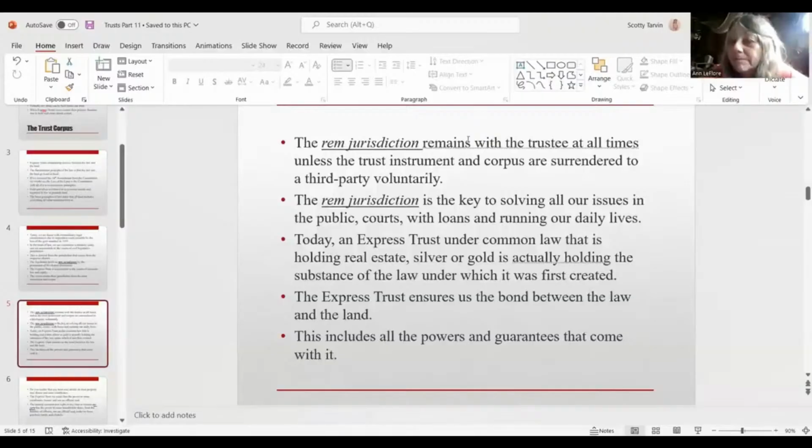Today, an express trust under common law that is holding real estate, silver, or gold is actually holding the substance of the law under which it was first created. The express trust ensures us the bond between the law and the land. This includes all the powers and guarantees that come with it.